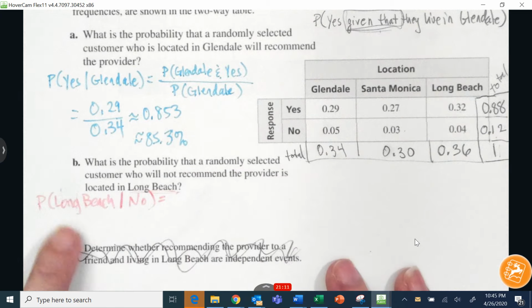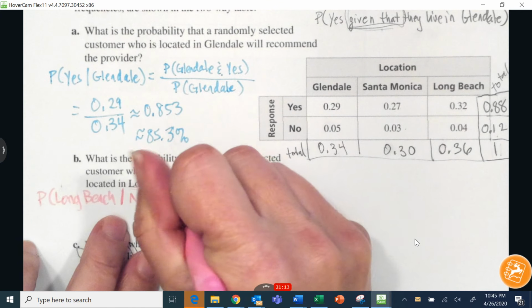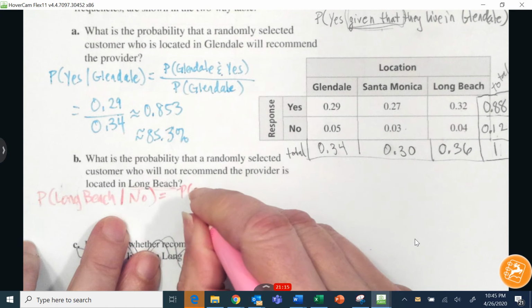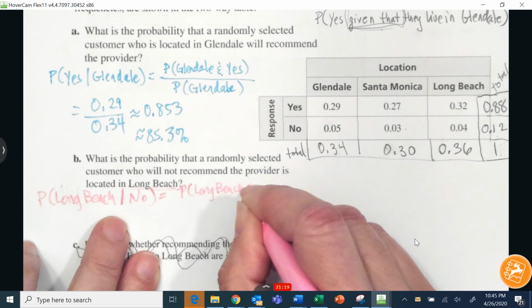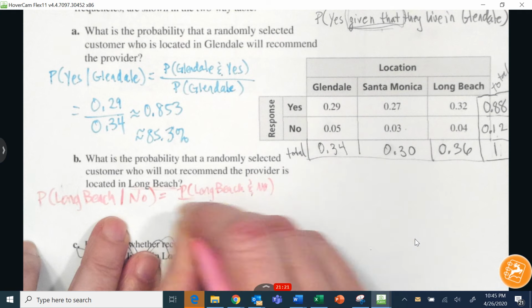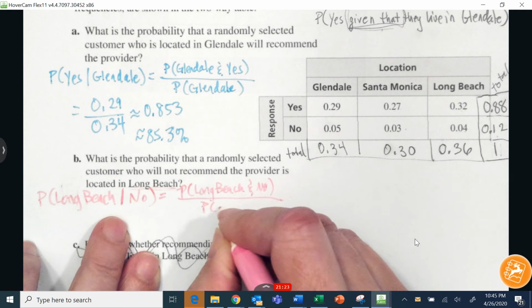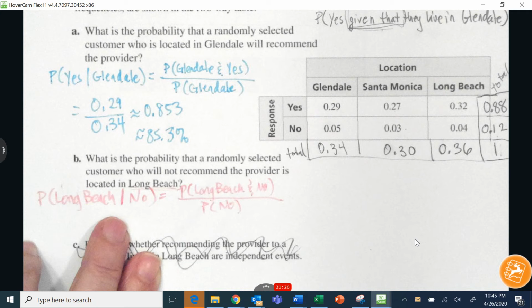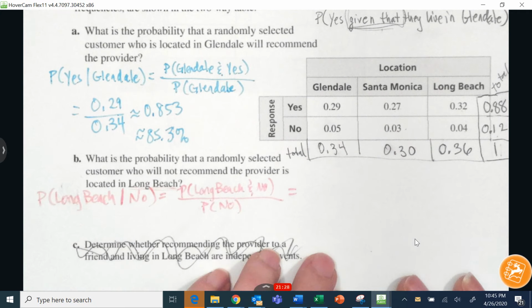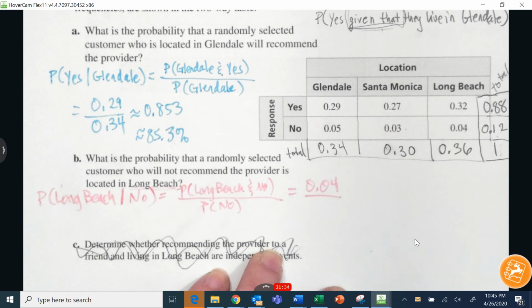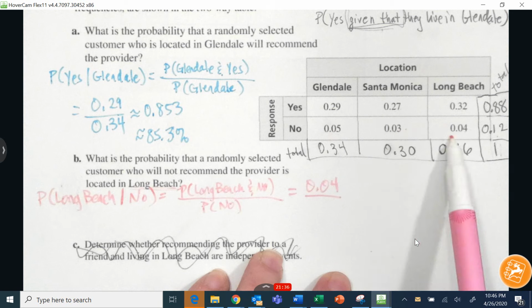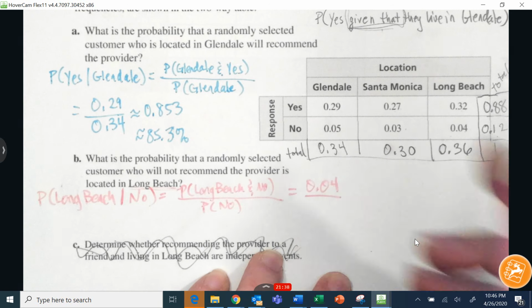Okay, so we're going to do the probability of Long Beach and no on top, and we're going to divide that by the probability of the no's. Look over at our table. The probability of Long Beach and no is 0.04. And the probability of all the no's, you'd have to add all those up together, and we get 0.12.